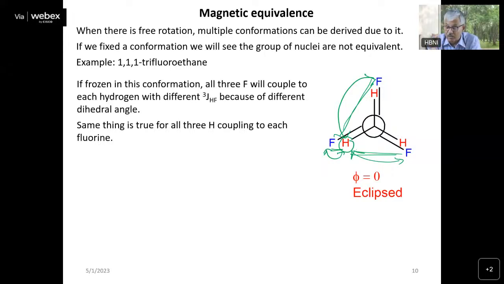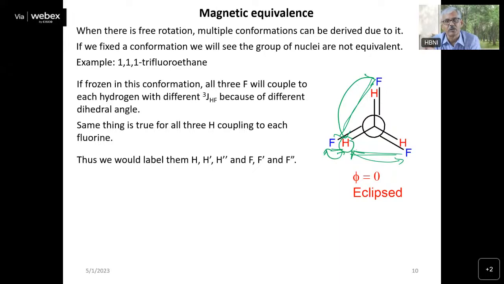But if the rotation about the bond connecting these two carbons is very fast, then all the coupling constants get averaged out, and you will see an average coupling constant. But if you fix them at a particular conformation, then you will see that all three fluorines are not equivalent, and all three hydrogens are not equivalent, and then you label them as H prime, H double prime.